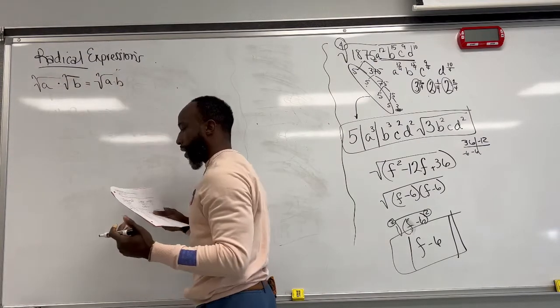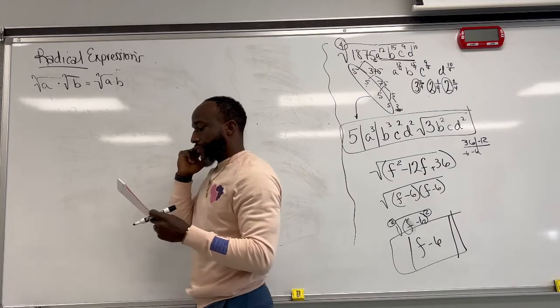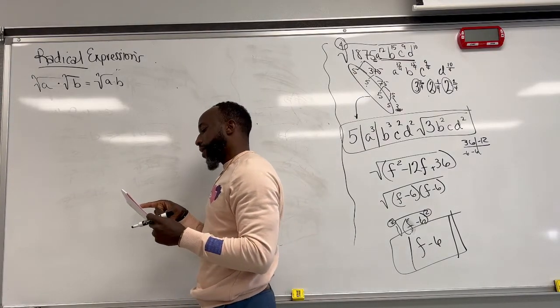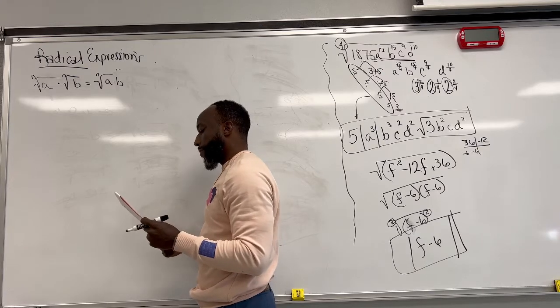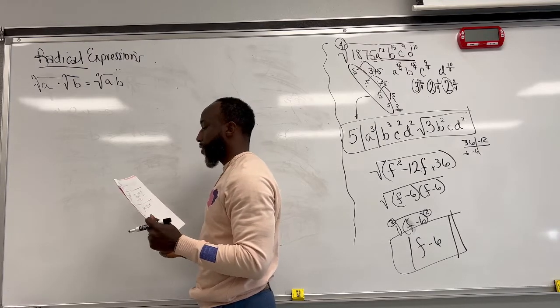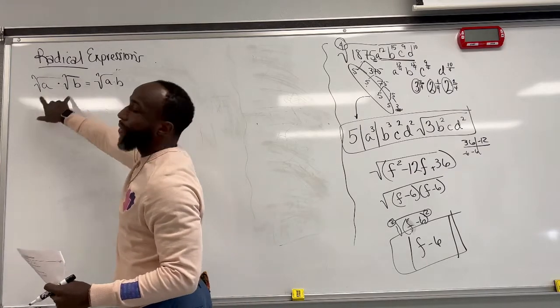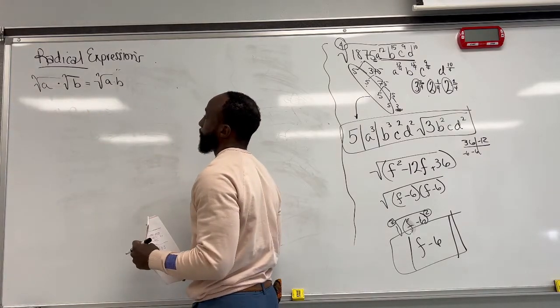So you multiply them together. Even if the n is even, a and b must be positive or an imaginary number will occur. So these have to be positive.